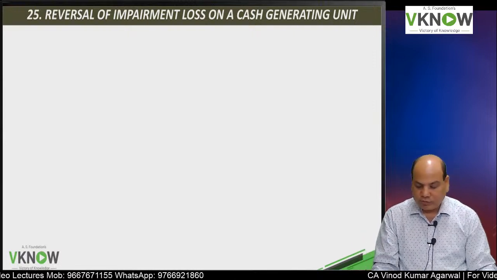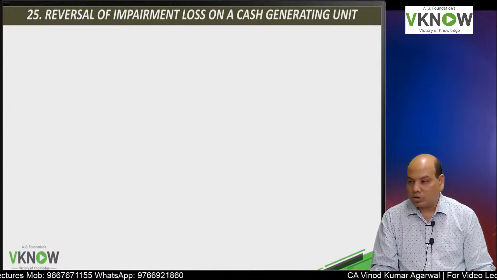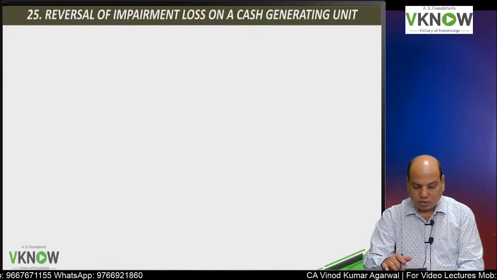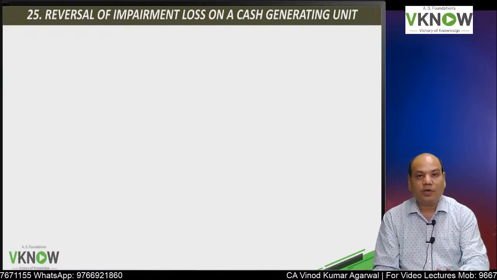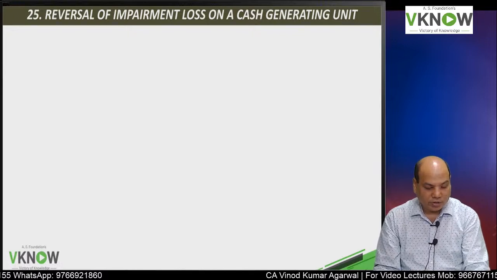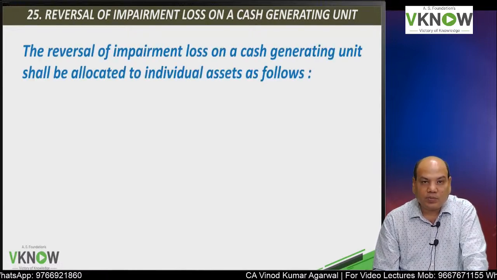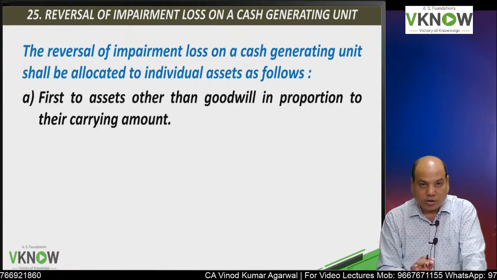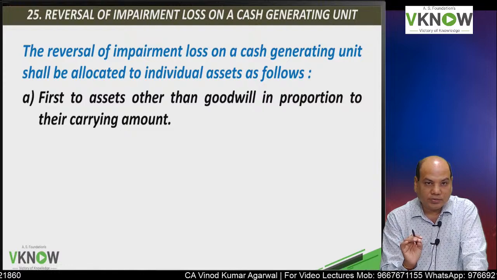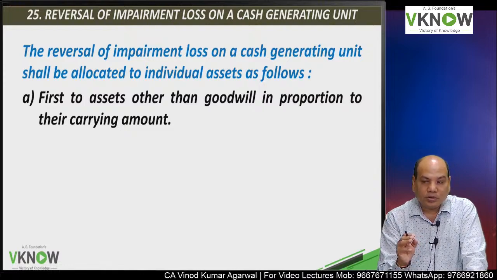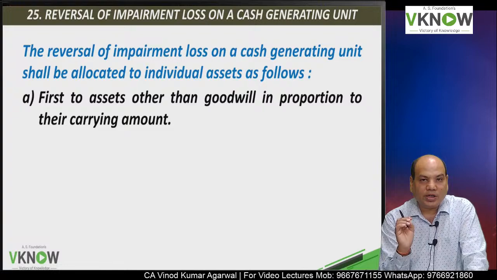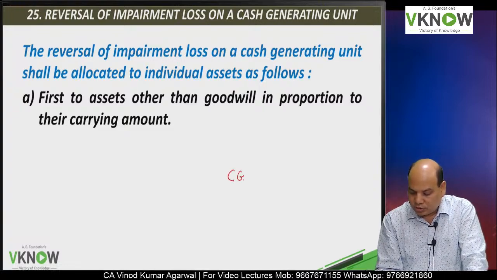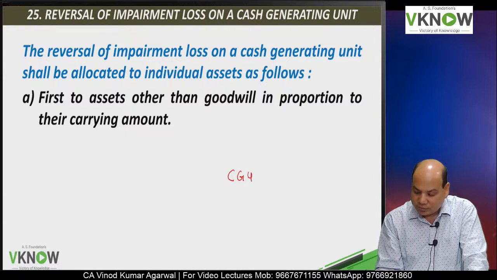Now the next point is reversal of impairment loss on a cash generating unit. Just like we have discussed reversal of impairment loss of a single asset, the same principles you will apply for a cash generating unit also. In case of a CGU, if we had allocated goodwill to the CGU, students should revise the previous lecture.